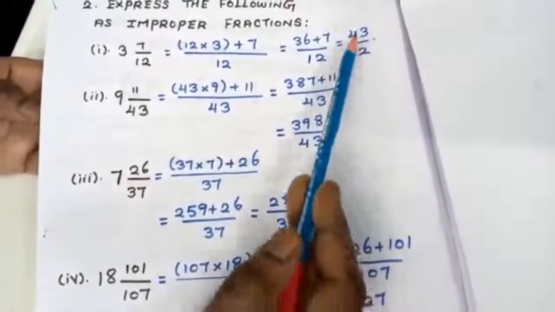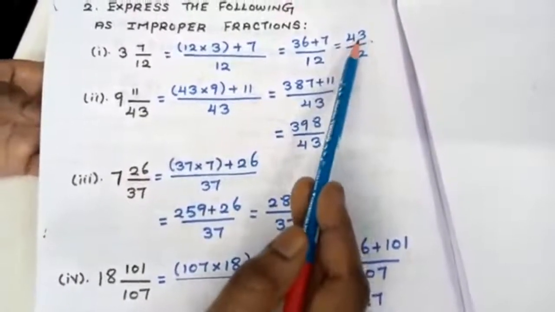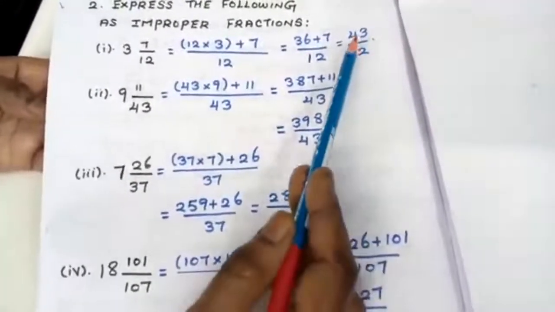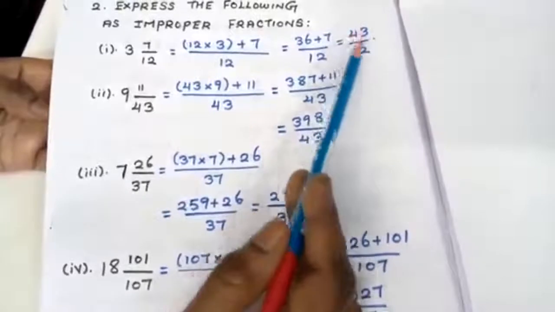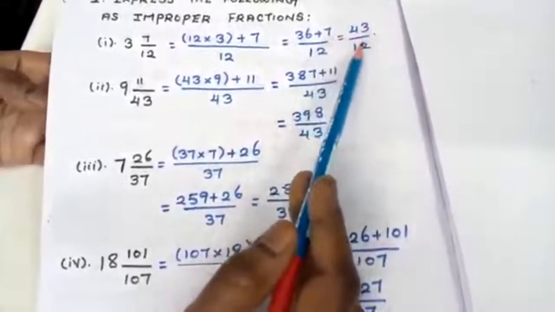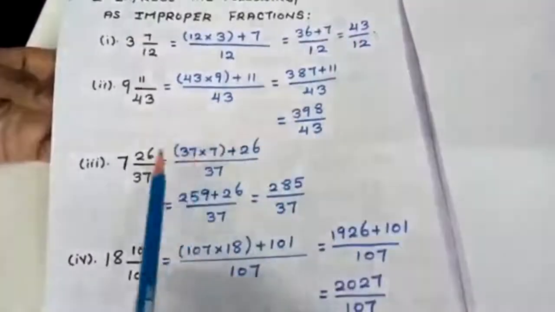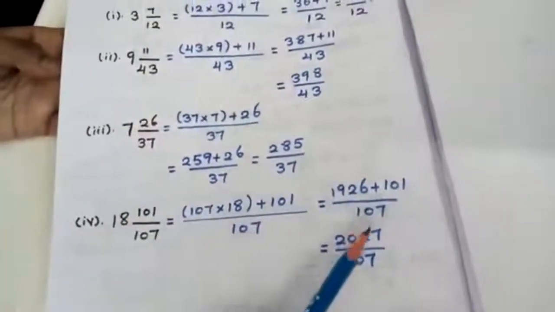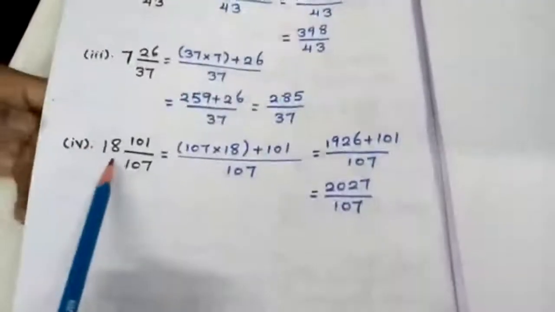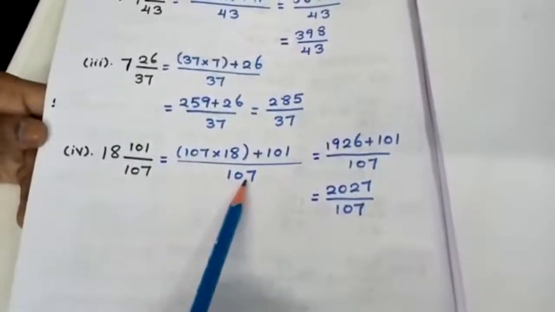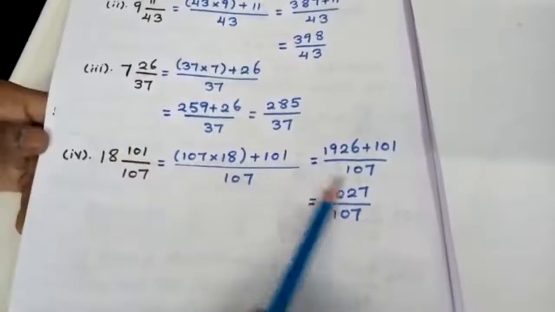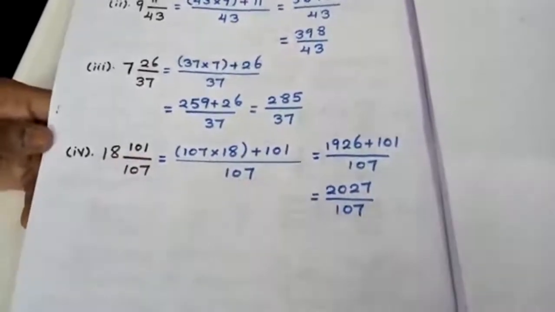If you check, 43 is greater and 12 is smaller, and this is called an improper fraction. This is the way you do the remaining mixed values into improper fractions. If you take this one, the denominator 107, write it as it is, 107 into 18 plus 101, calculate and you will get the answer.